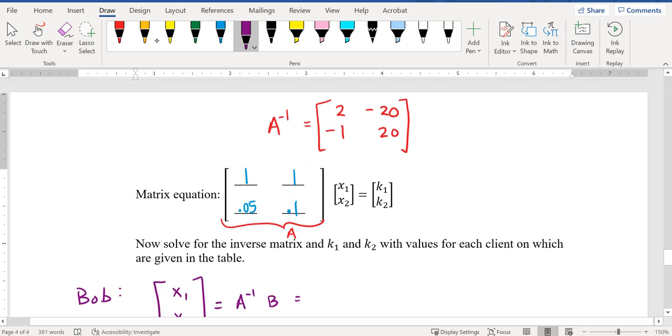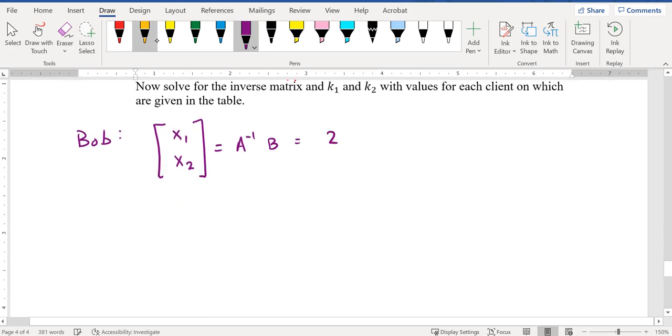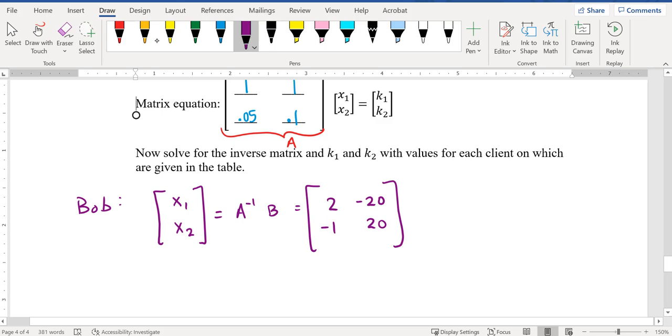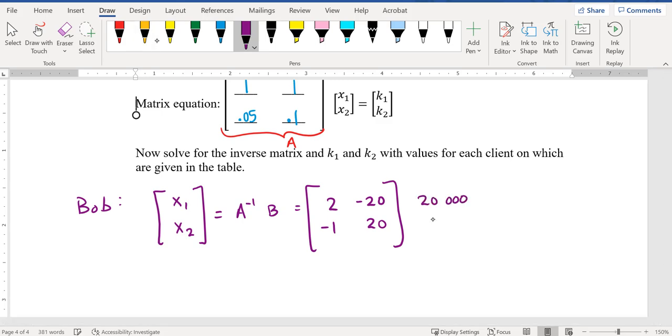It was 2, negative 20, and so on. And our B for Bob is 20,000 and 1,200. That was our B for Bob, right? Okay, let's type that in and see what we get.